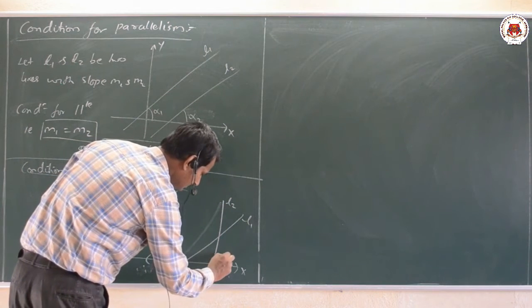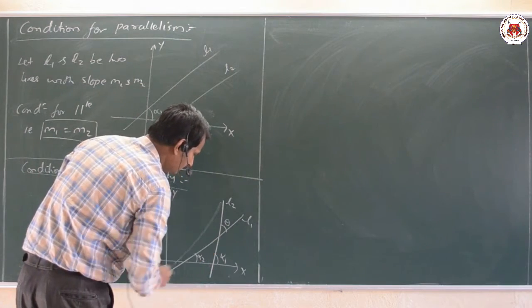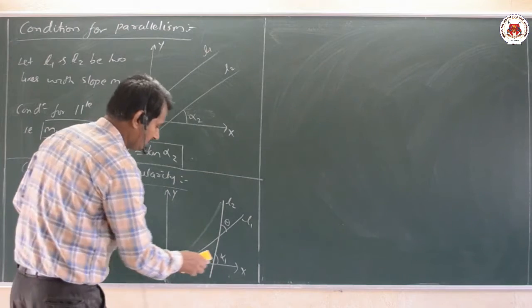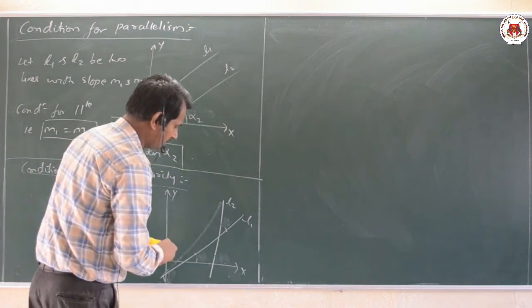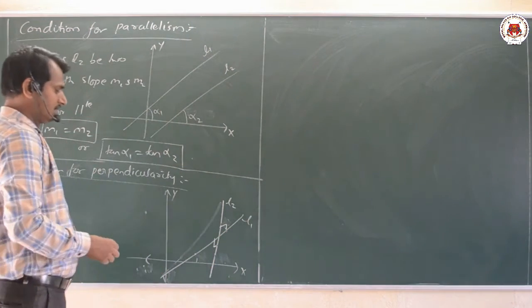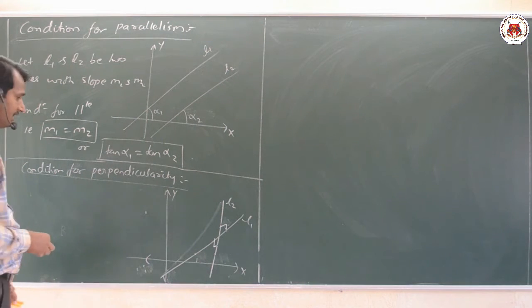Let us take angles alpha 1 and alpha 2. This is the condition for perpendicularity. That means here the angle is 90 degrees, on either side it is 90 degrees.